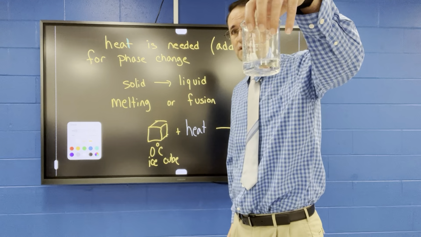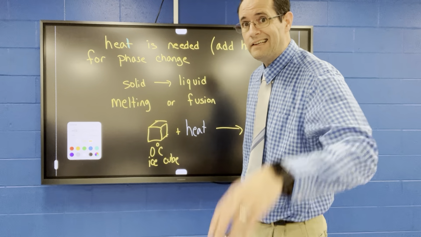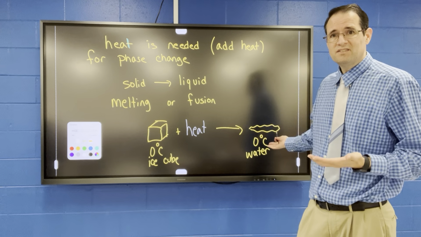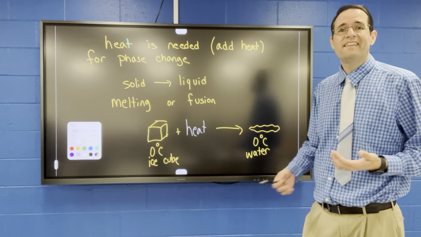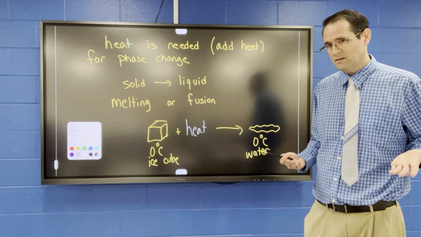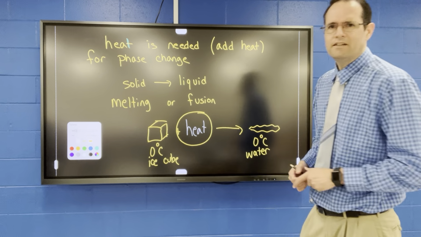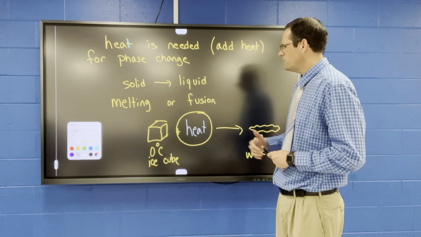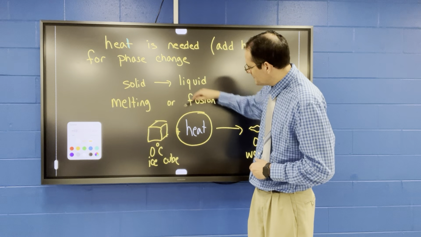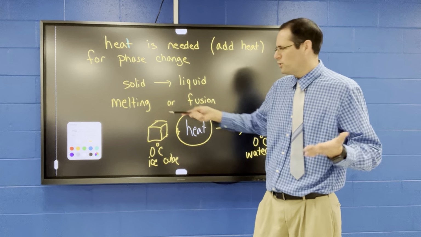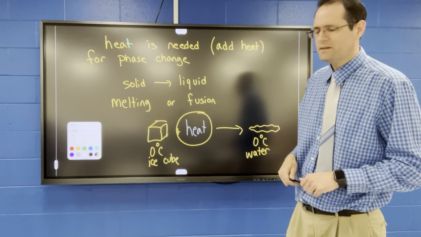That's what I did when I put this water on top of the burner. It heated up. But if you put a burner on an ice cube, it'll melt and you'll have water that's 0 degrees Celsius, okay? So this is what we call the latent heat of fusion, or the hidden heat of fusion. It's the amount of heat needed to cause fusion of a material or melt a material, okay?